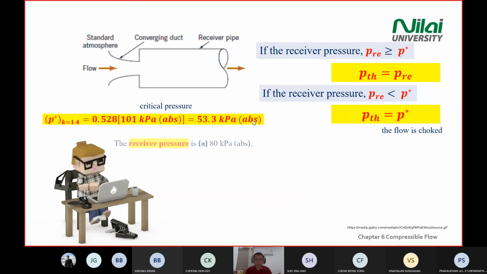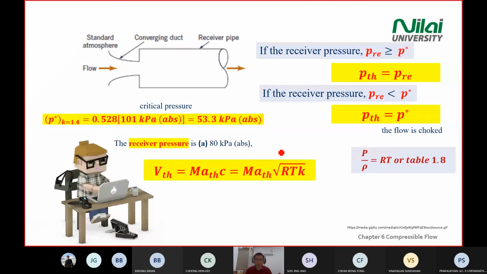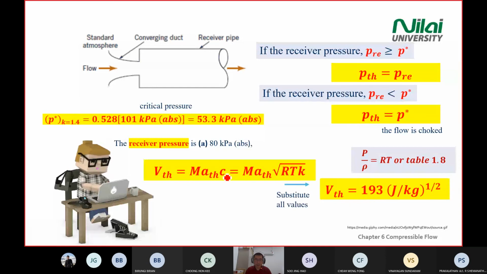Okay, then you need to draw, right? The velocity you can calculate based on Mach equal to speed of sound, square root of gamma RT, and the value of RT you can refer to table 1.8.